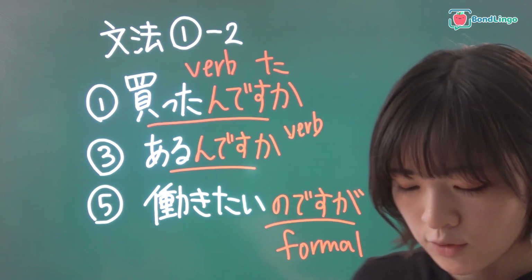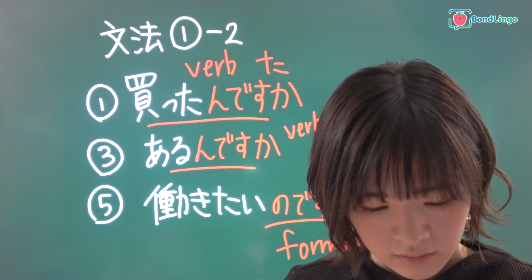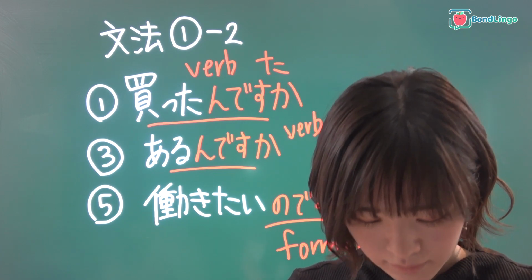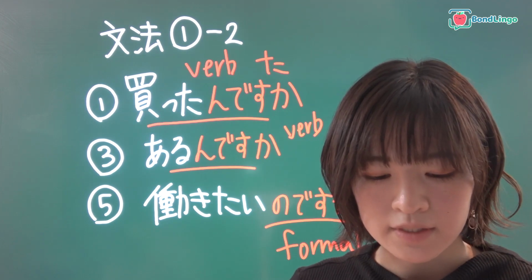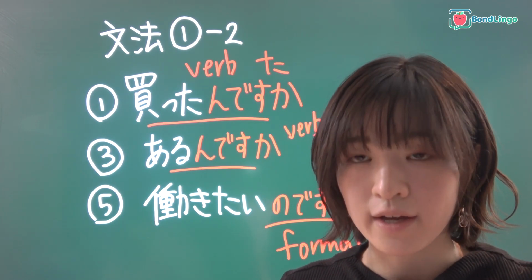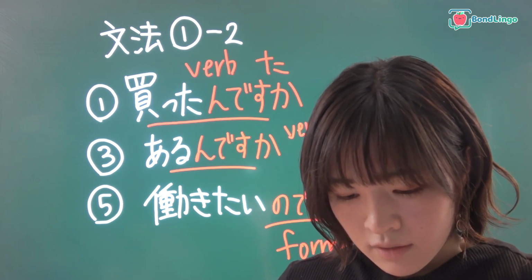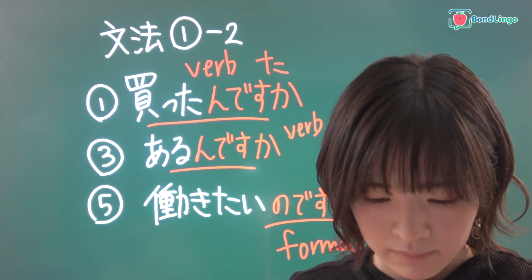Okay, now let's go to words. 言葉2の1. Okay, let's look at some vocabulary. First one. 駅前. This is front of a station, so near your station or around your station. Next one, お昼休み or 昼休み.